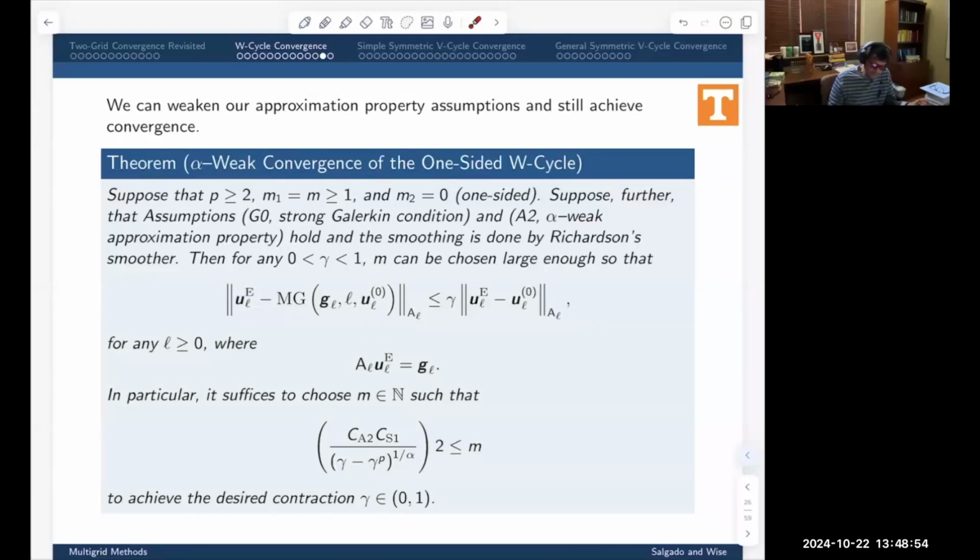And what I can show is that, in particular, if I choose M to be larger than this number here, I think this is a typo though. That 2 should be a power. So that is a typo that I need to fix.